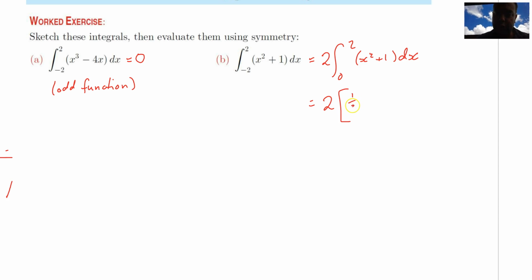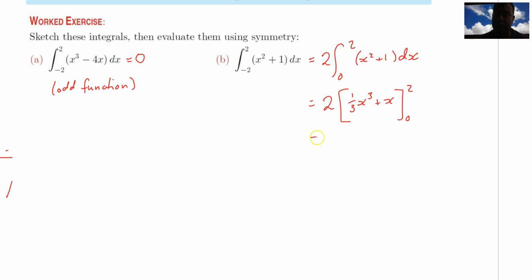Therefore, this is equal to 2 times a third of x cubed plus x from 0 to 2, and I'm not going to have to substitute the 0 into this. So that's a third of 8 plus another 3 over 3.